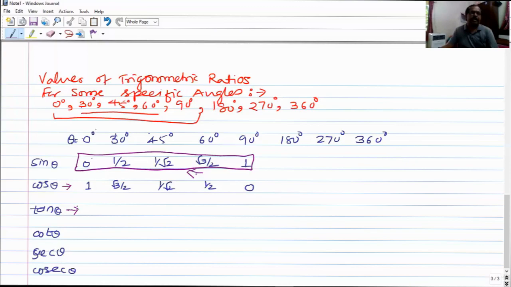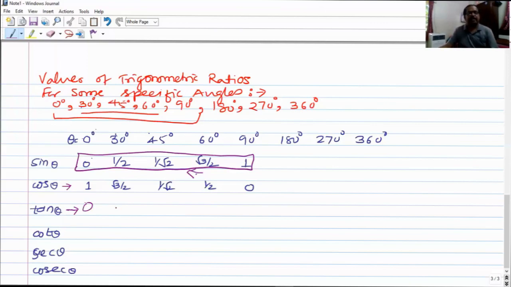Yes, obviously it is sine 0 by cos 0. So how much is 0 by 1? 0 upon any number is always 0, so the value of this one will be equal to 0.